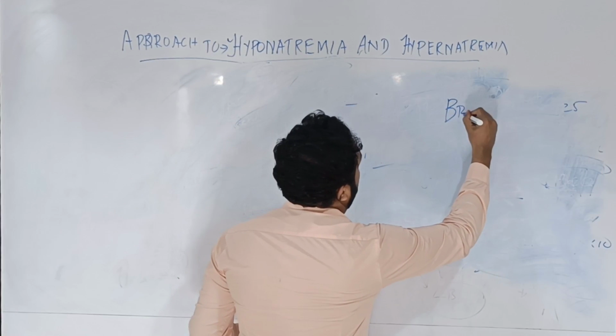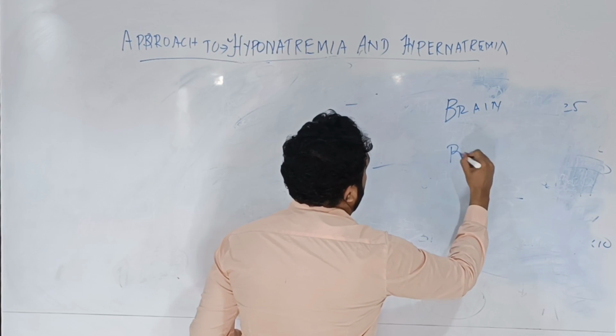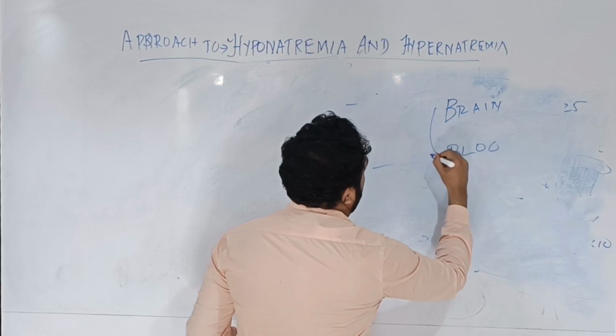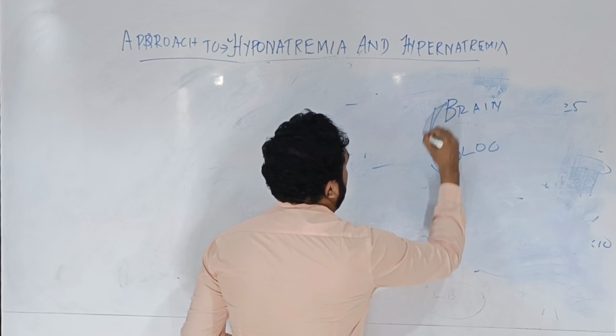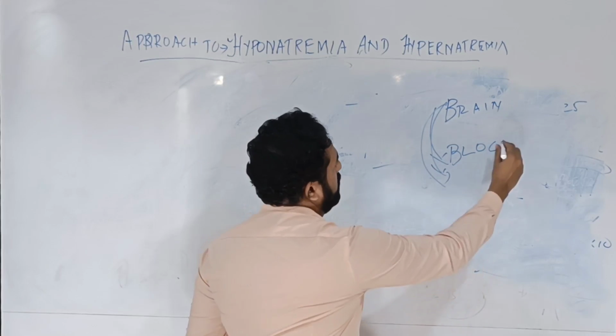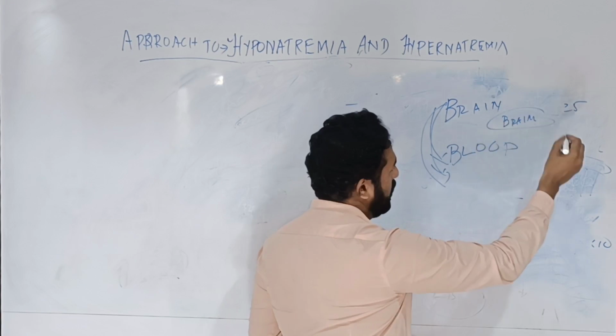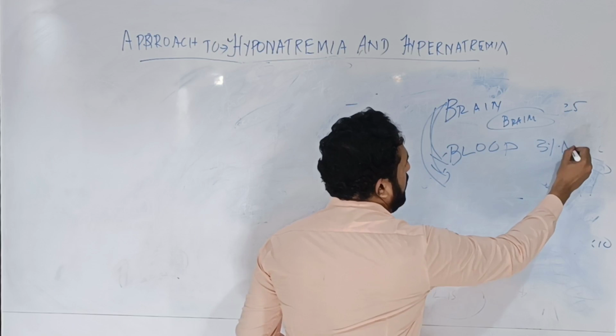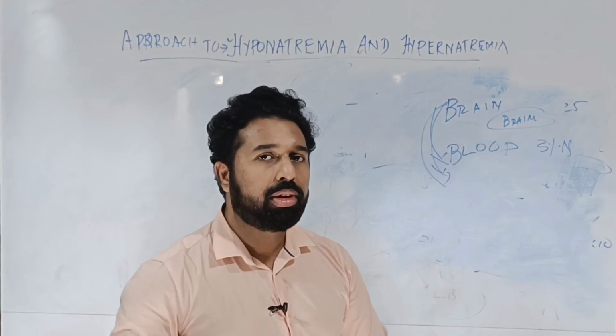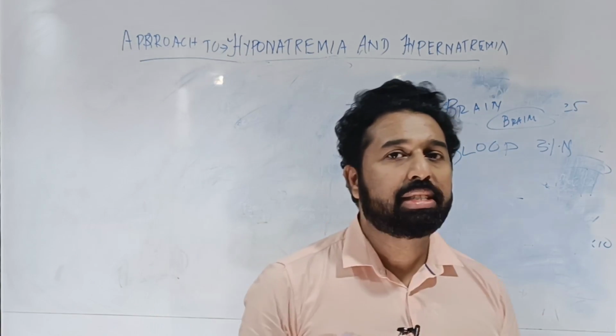I told you, brain and blood. The brain would have already adapted by throwing water out from the brain to the blood, and the brain would have shrunken in size a little over the 48 hours. If you give 3% NS, even a small amount, the chances of osmotic demyelination are higher.